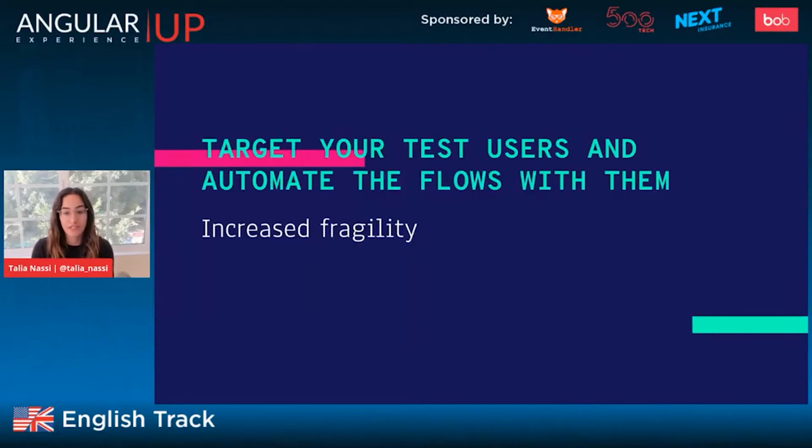So the first is to target your test users and automate the flows with them. Every time automation bot A logs in, they have access to the feature regardless because they are on the whitelist for this feature.